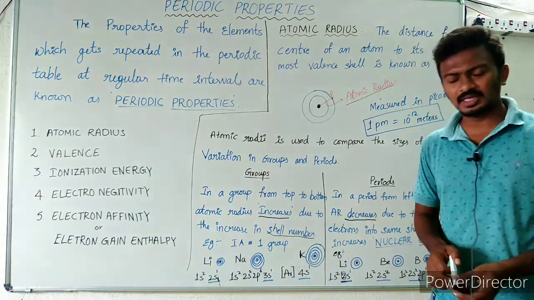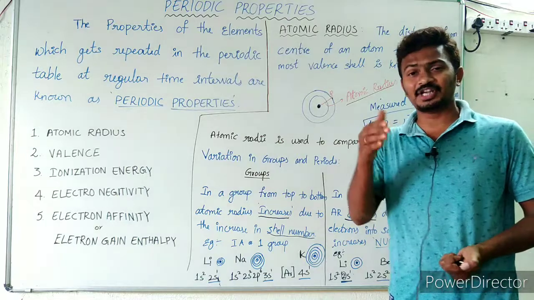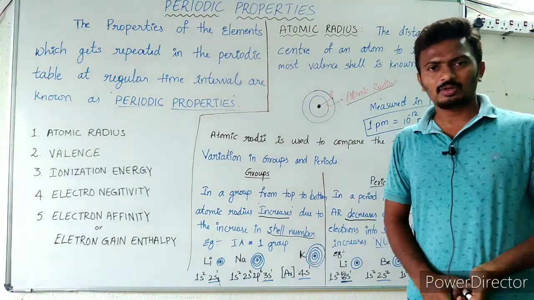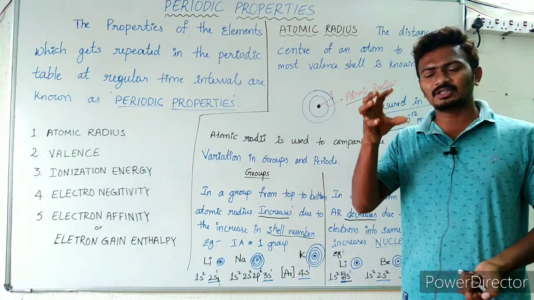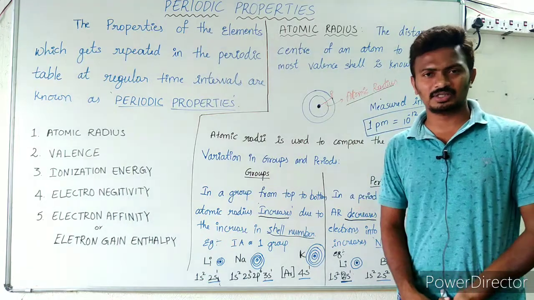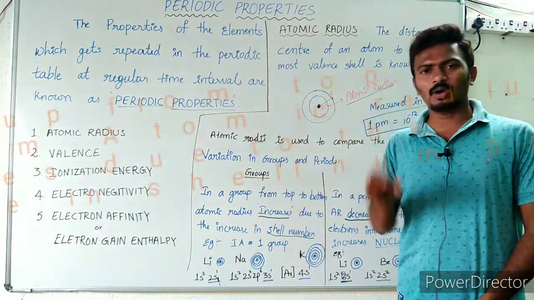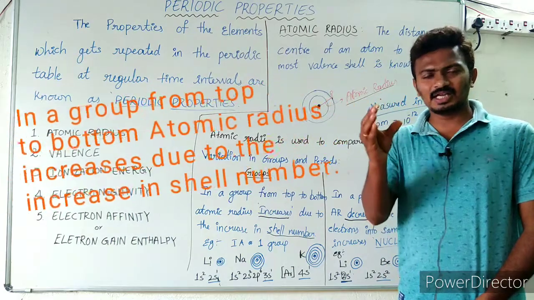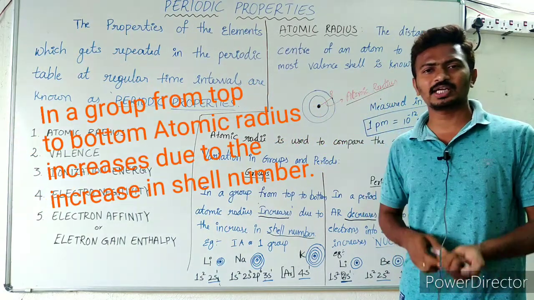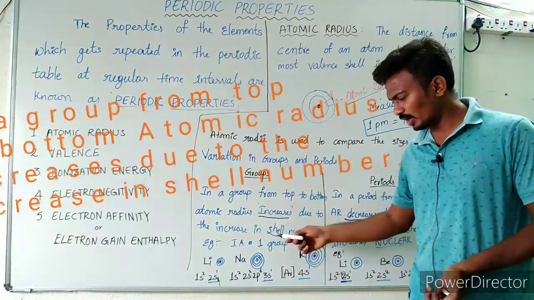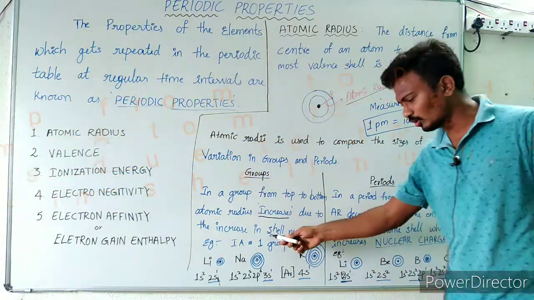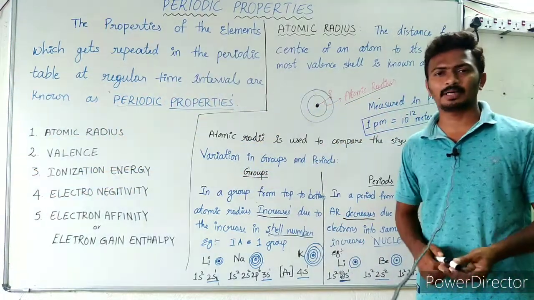That means in a group from top to bottom, the shell number is increasing. So automatically the size of the atoms also increases. We can conclude that in the groups from top to bottom, the atomic radius increases due to the increase in shell number.